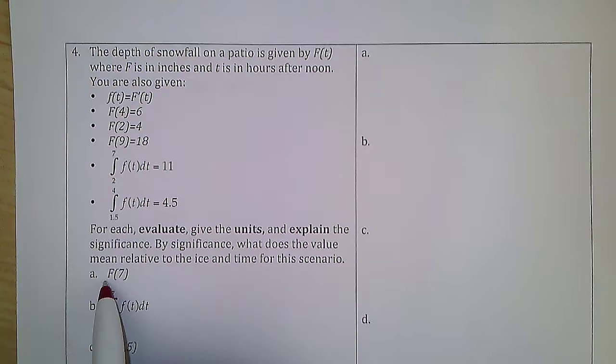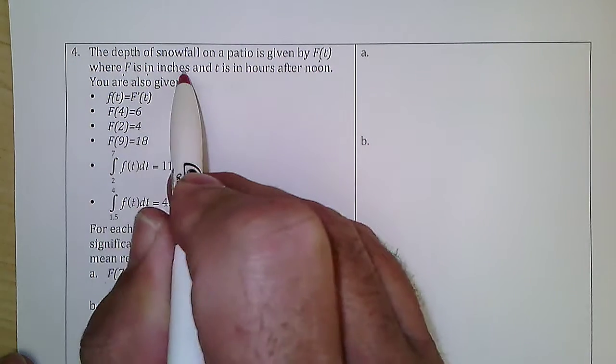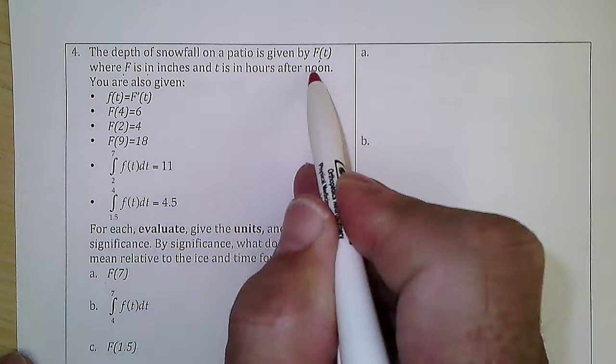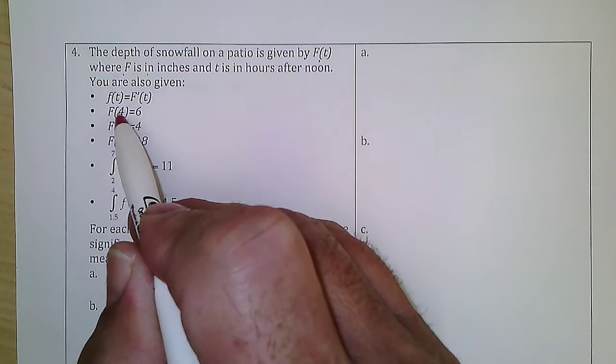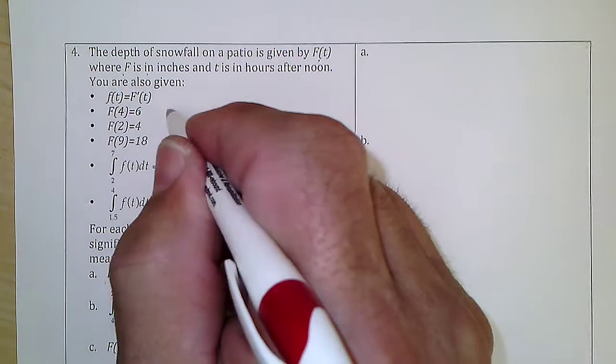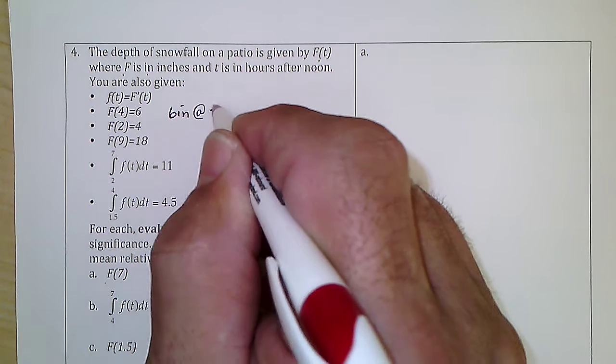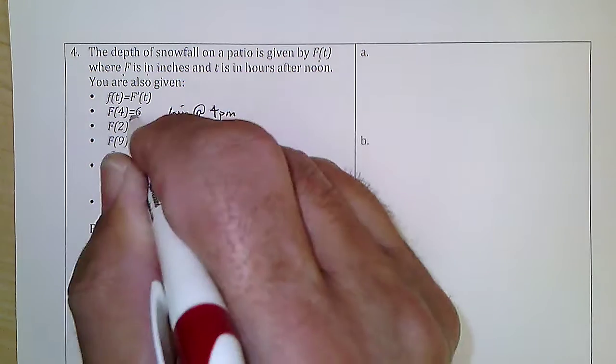So we're supposed to find out, and you got to understand, f of t, f is the inches, and t is the hours after noon. So this says 4 hours after noon, the inches were 6 inches. 6 inches at 4 p.m. That's what this means.